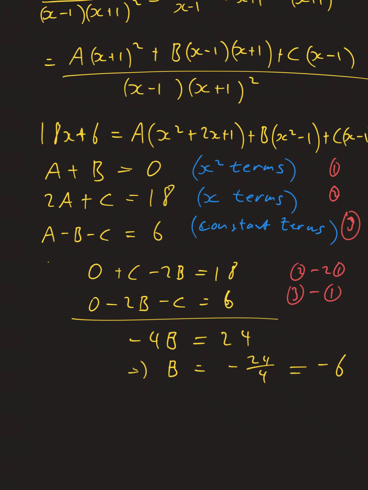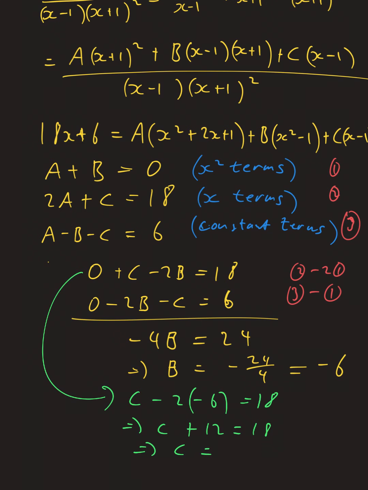So now that I have b, I can go back and get c. So if I go back to, say, this equation and pop in my value for b, I will get c minus 2 times minus 6 is equal to 18. So that means that c plus 12 is 18.